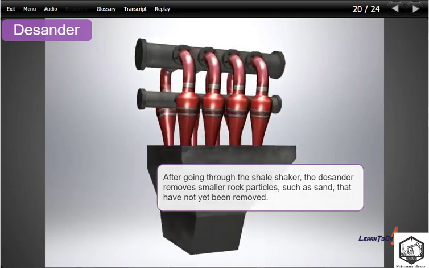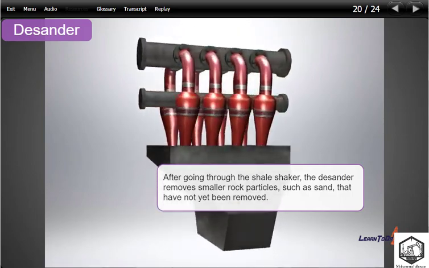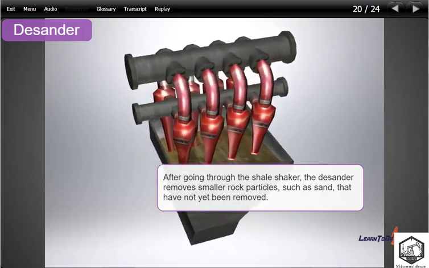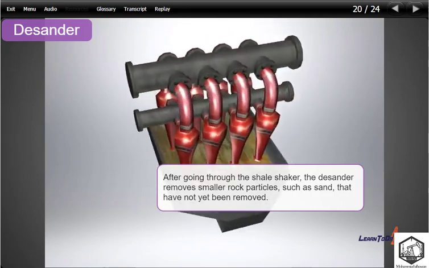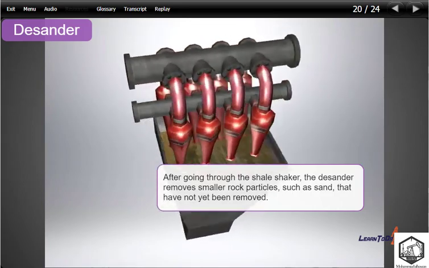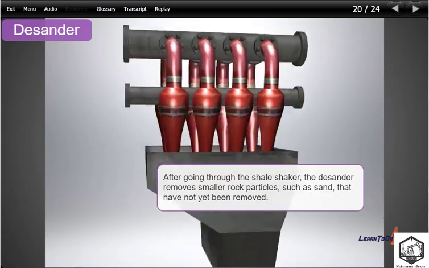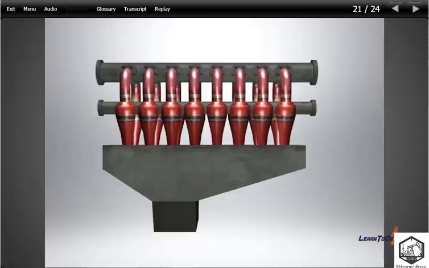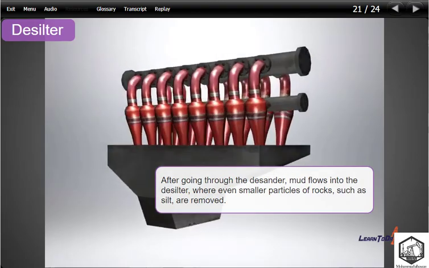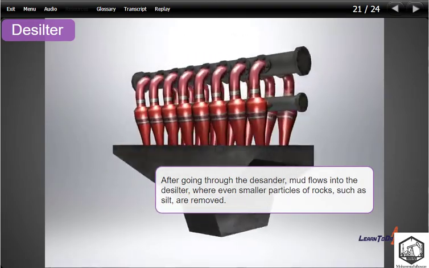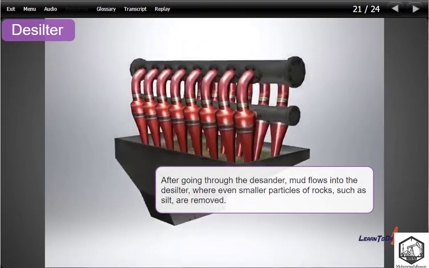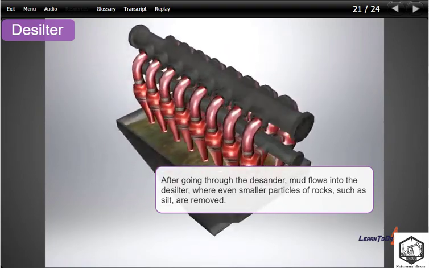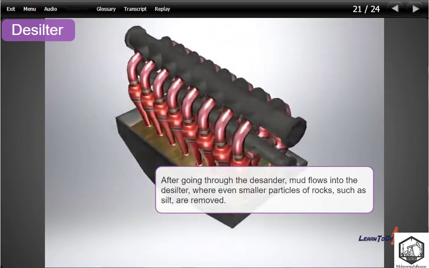After going through the shale shaker, the desander removes smaller rock particles, such as sand, that have not yet been removed. After going through the desander, mud flows into the desilter, where even smaller particles of rocks, such as silt, are removed.